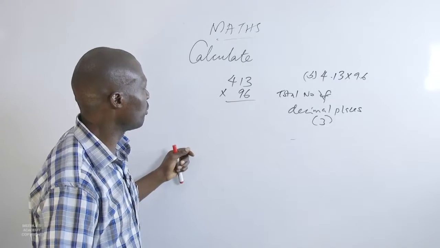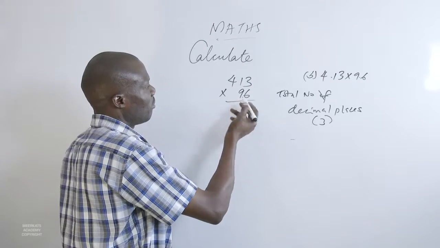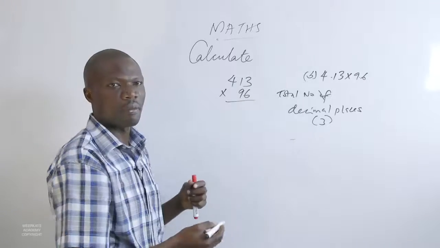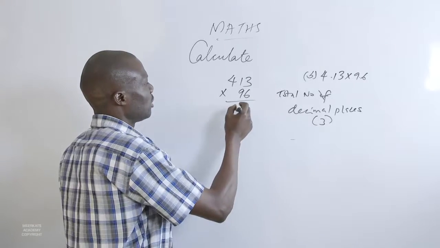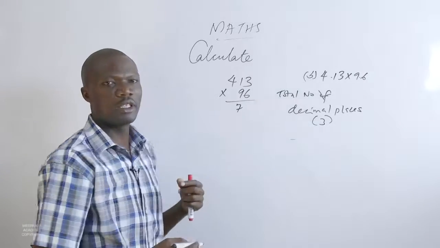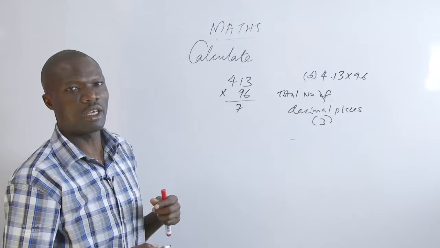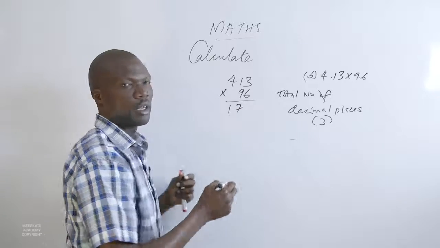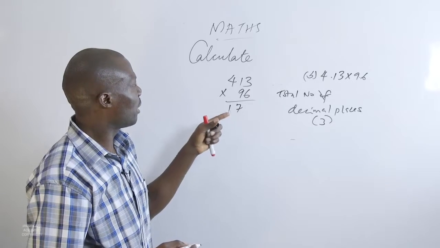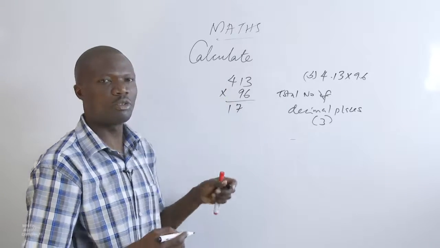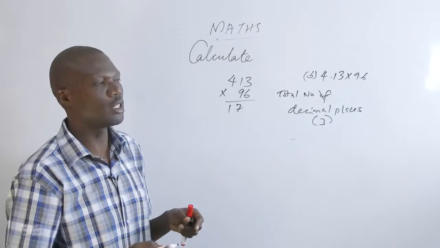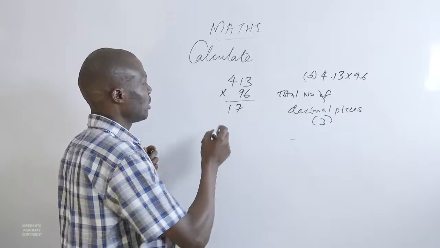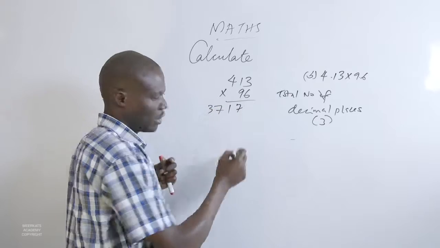So this one will give us 3 by 9 gives us 27. And then this is 9 by 1 is 9 plus 2 gives us 11. Carry 1. 9 times 4 is 36, plus 1 is 37.